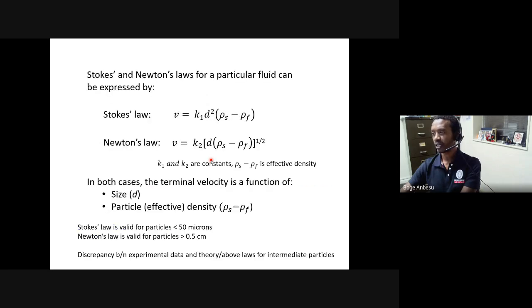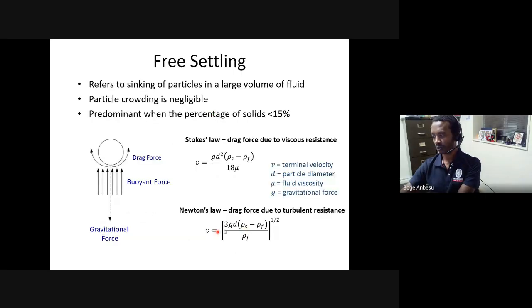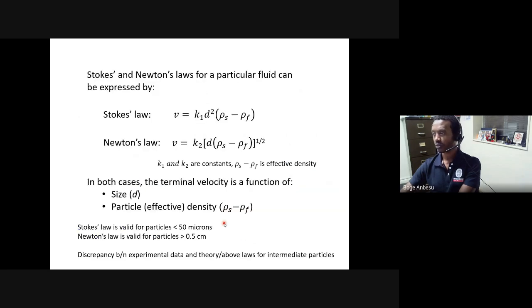So what I'm saying then is, according to Stokes' law, the terminal velocity is simply a factor of the density of the solids and that of the particle size. And the same applies for Newton's law. If I know density of the fluid, gravitational acceleration is known, so that expression can be simplified here.